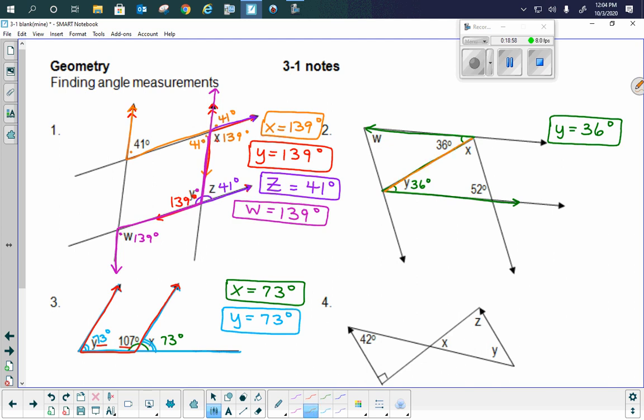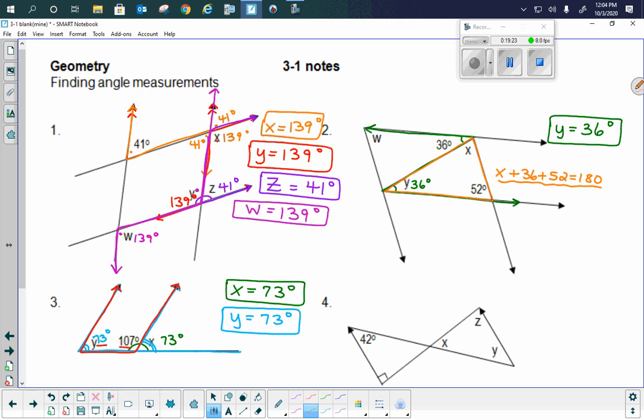Now, if I go back and use the triangle we were just talking about, I now know that X plus 36 plus 52 equals 180, right? So you could solve that. To me, I just add 36 and 52, and I subtract from 180 to get X. That's the same thing you're going to do with this algebraic equation.